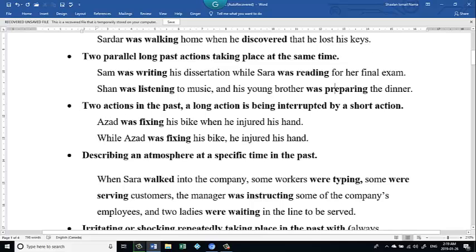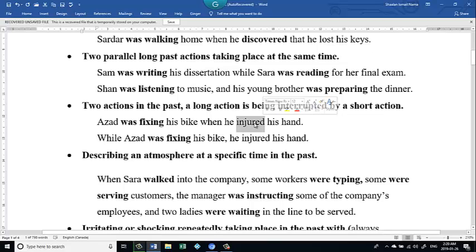Or maybe two actions in the past, where a long action is interrupted by a short action. For example, Azad was fixing his bike. I mean, Azad maybe started fixing his bike at 8 o'clock, maybe until 11 o'clock in the morning. When he injured, that also happened in the past because I have ed here.